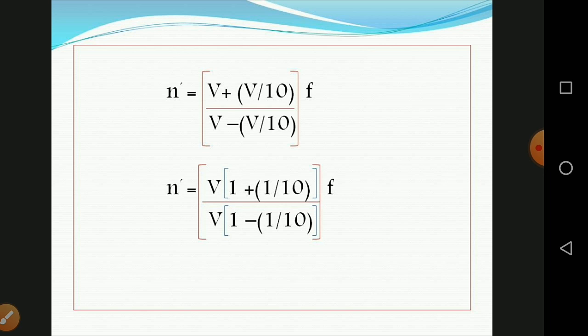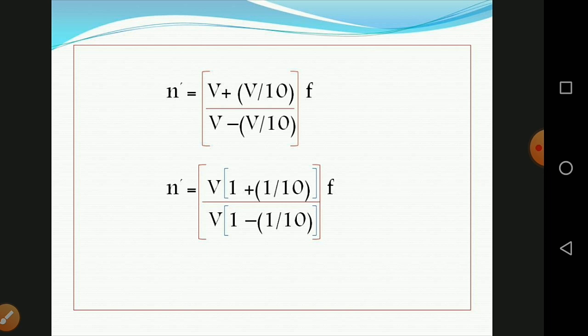So n' is equal to, we take v common, so v into (1 + 1/10) divided by v into (1 − 1/10) into f, and then we cancel both v.